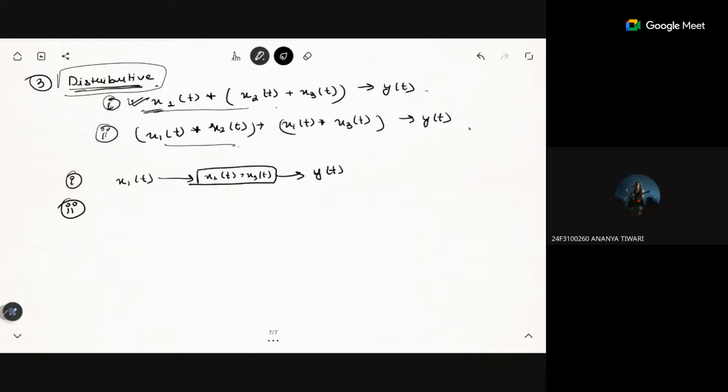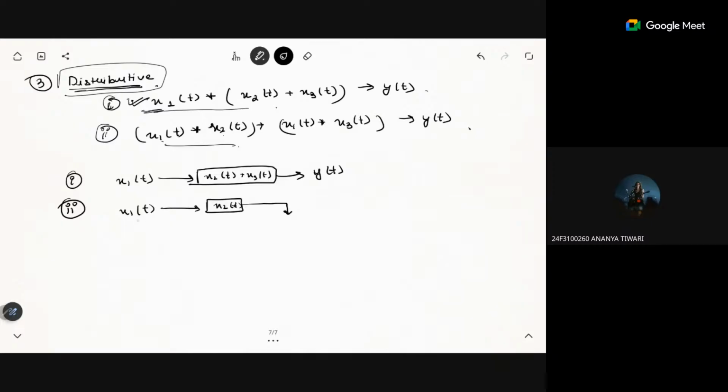From two, how can you draw? So x1 of t is being convolved with x2 of t, and x1 of t is also convolved with x3 of t.